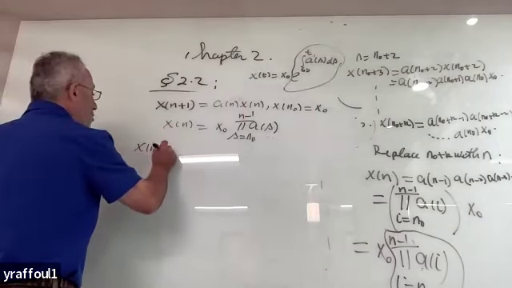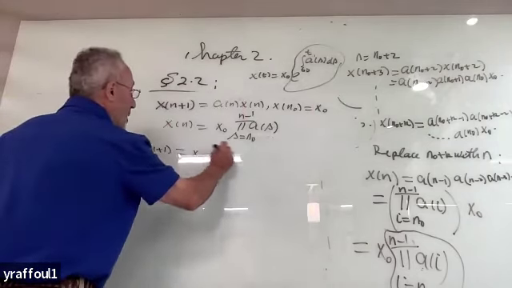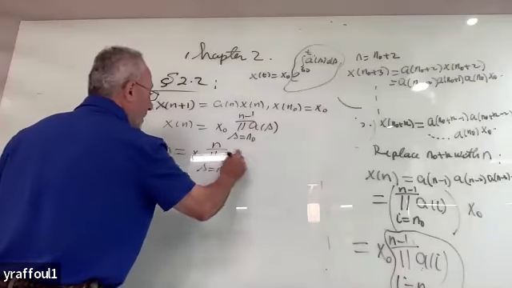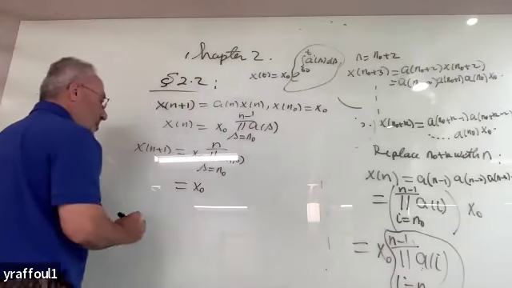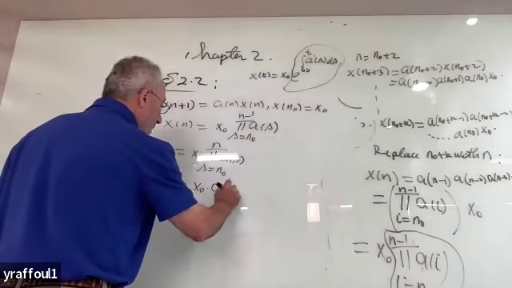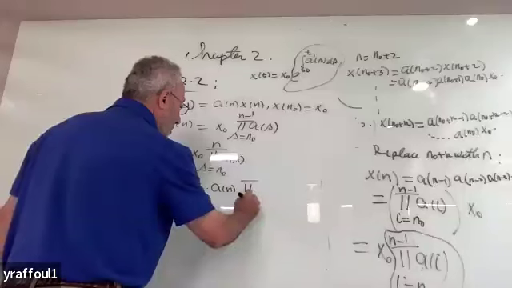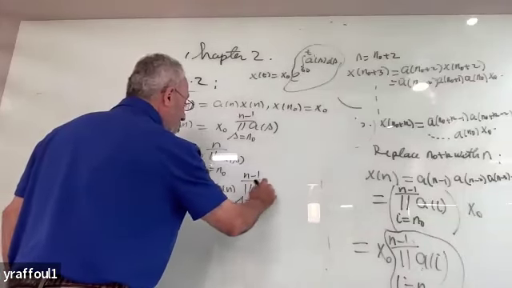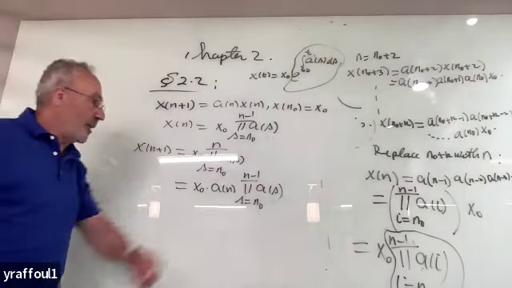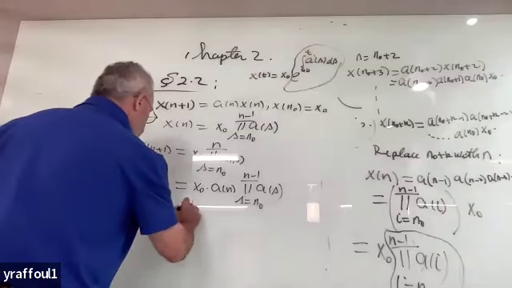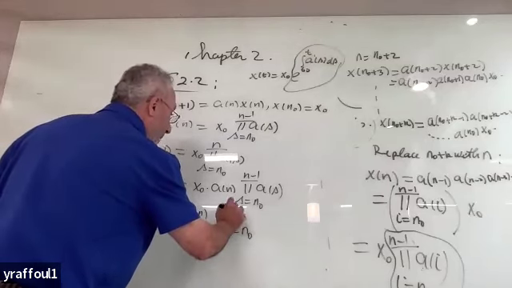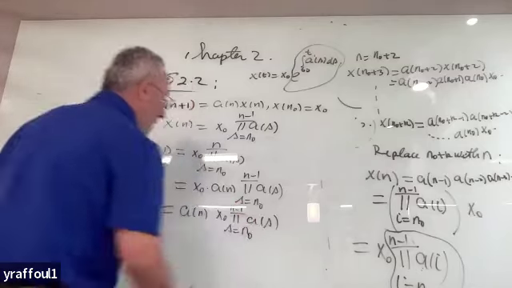What is x_(n+1)? That is x naught, the product from s equal n naught to n of as. So that is x naught times, evaluate this at n, times a_n times the product from s equal n naught to n minus 1 of as. I evaluated at n and wrote the product. So this is a_n x naught, the product of n naught to n minus 1 of as.